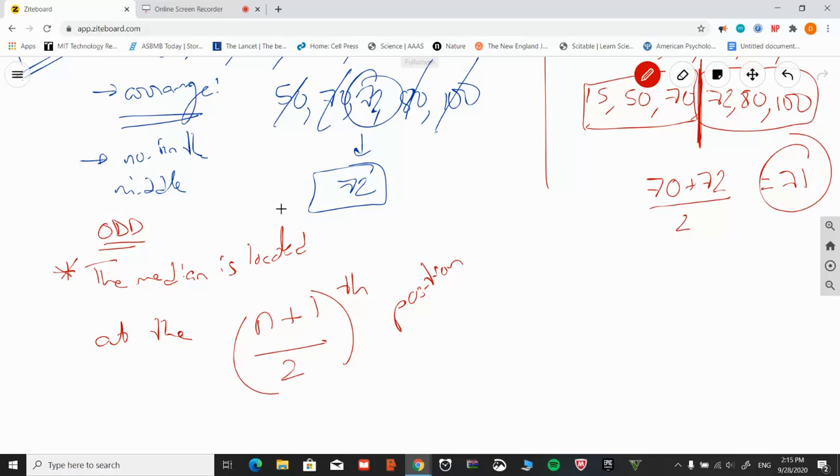What does this mean? If you have 5 values where n is 5, the median is going to be at the 5 plus 1 by 2, which is 6 by 2, which is the third.